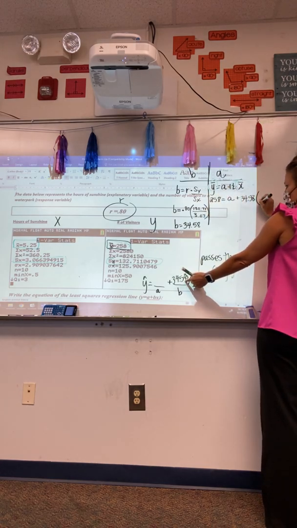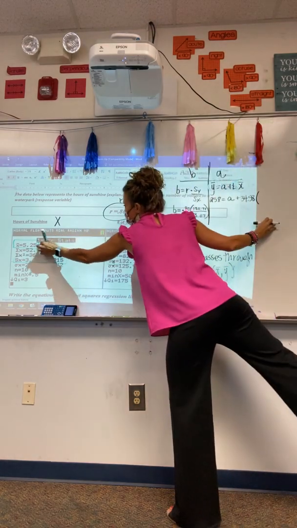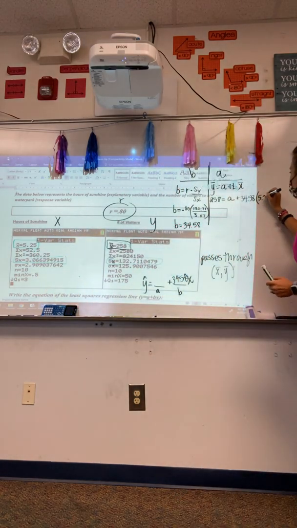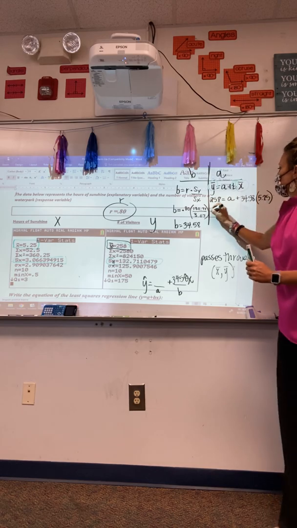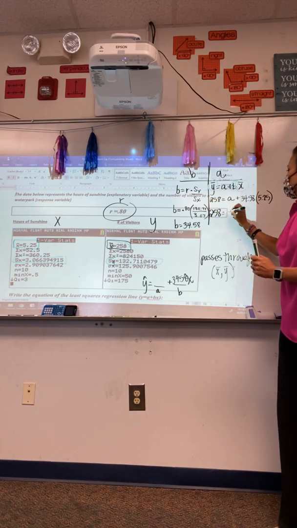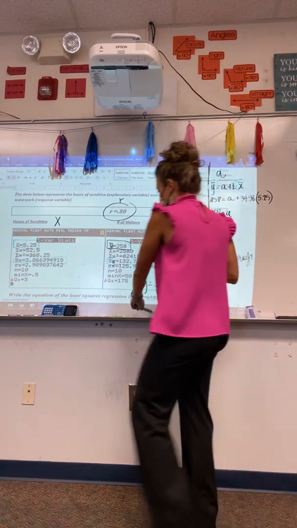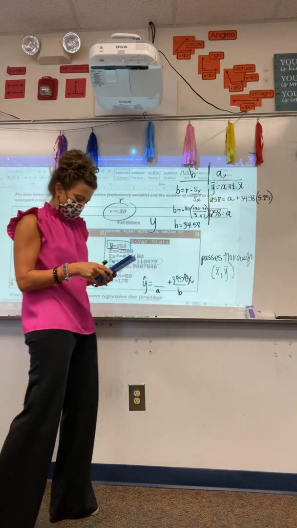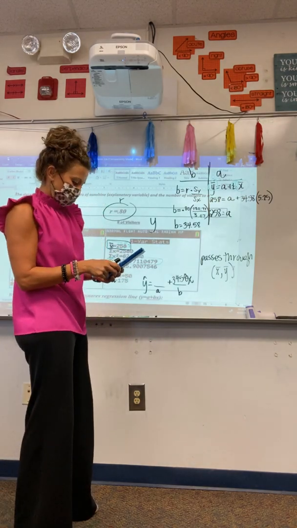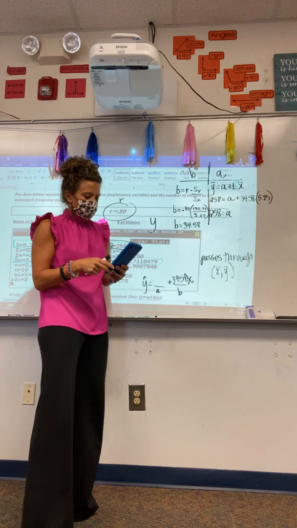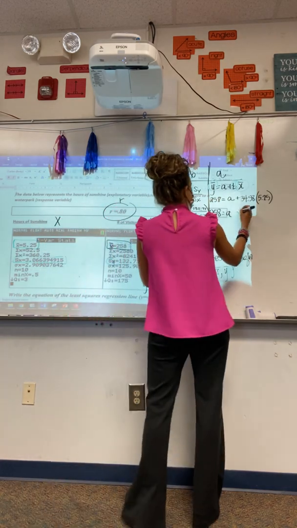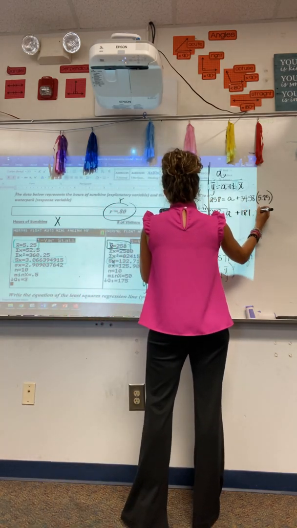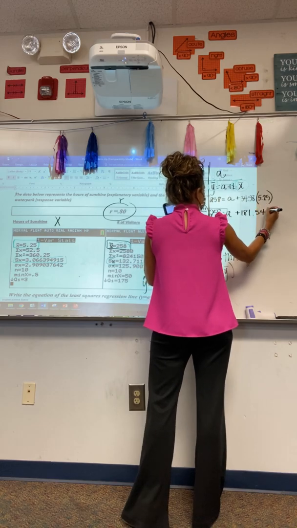And then my X bar is 5.25. So now multiply those two together, and I got 181.545.